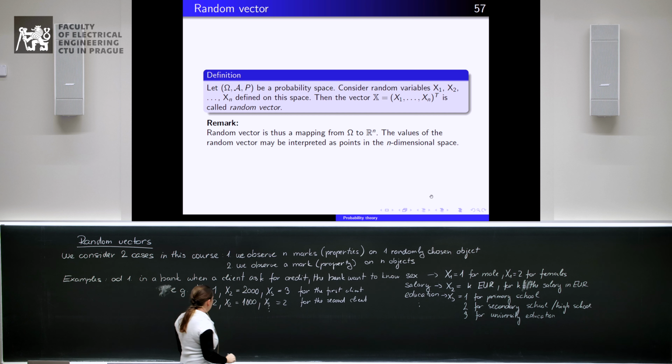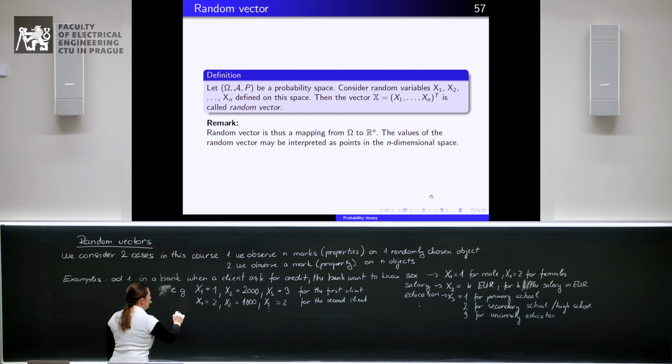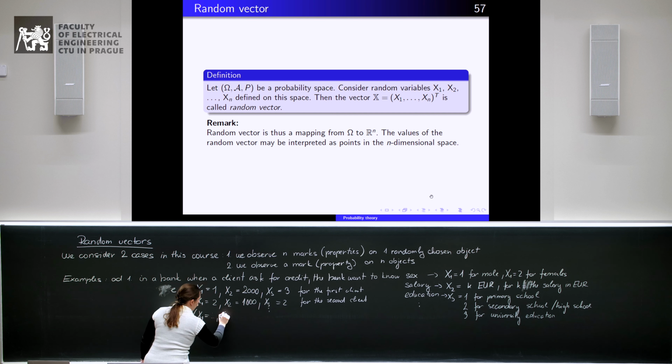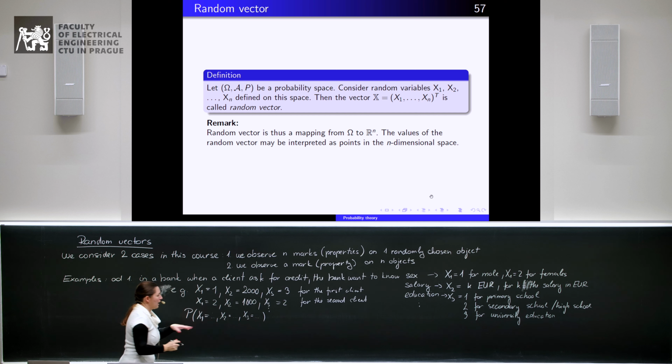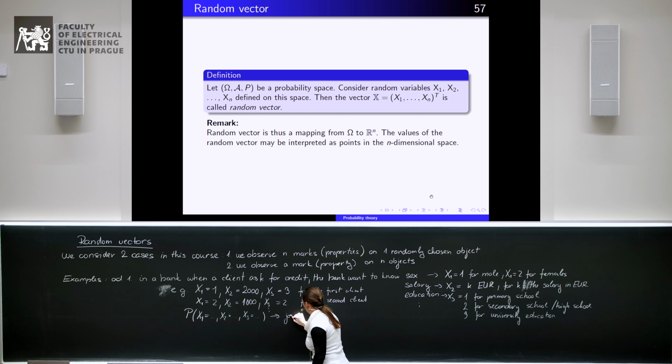and so on. And what we are interested in is the probability of the behavior of x1, x2, and x3 together. It is called joint distribution, meaning that we are interested in the probabilities of the combinations of values for all these random variables.